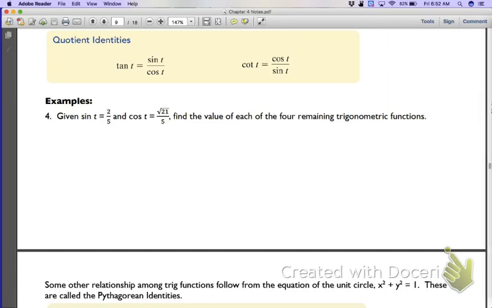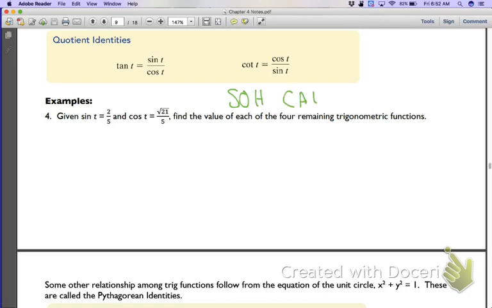Part of this says, given that sine of t is equal to 2 over 5 and cosine of t is equal to the square root of 21 over 5. Remember, like we talked about on Thursday, all we're going to do here is just use SOHCAHTOA.